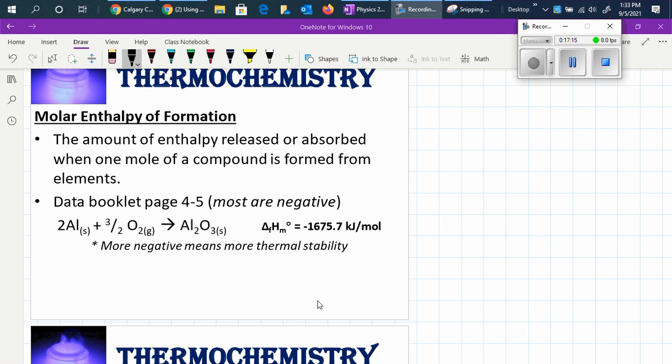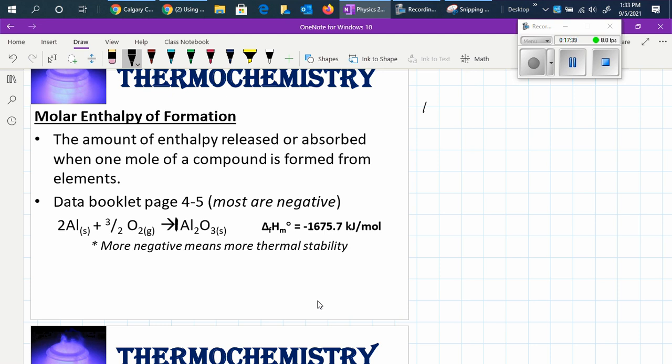When we balance it, we have 2 aluminum. The balanced equation has to be for the compound that we're finding, it has to be 1.